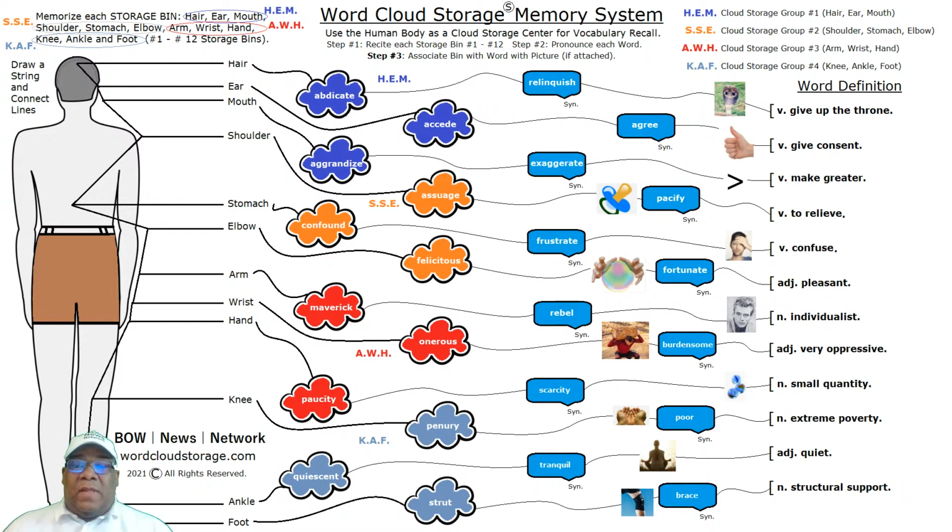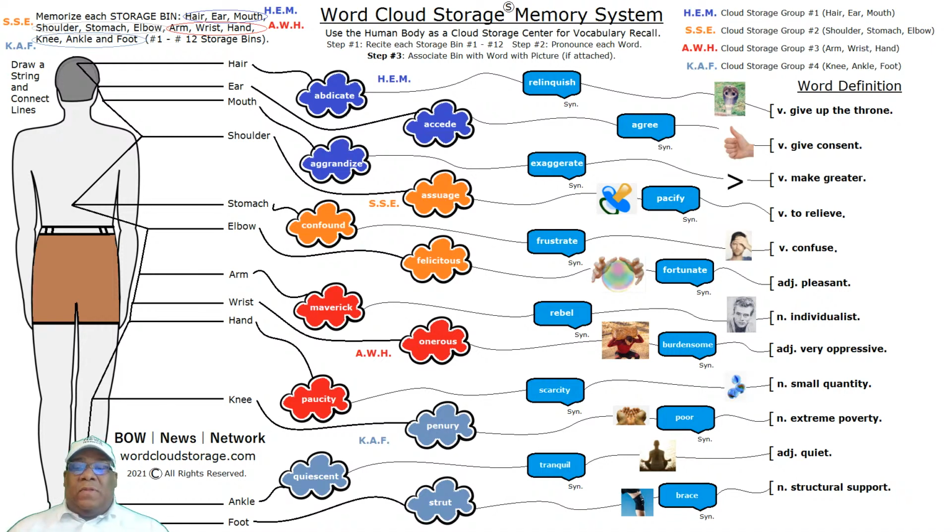So just by doing that really quickly, I was able to reinforce. If I go back to the ones that were a bit more difficult to recall, assuage had to do with pacifier, and fallacious had to do with fortunate. Assuage, pacifier; fallacious, the fortune teller.